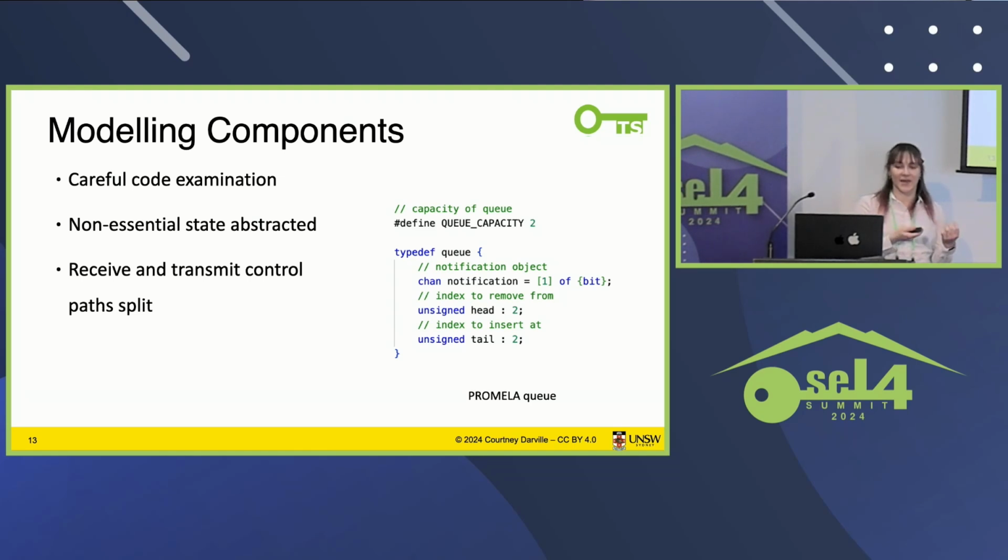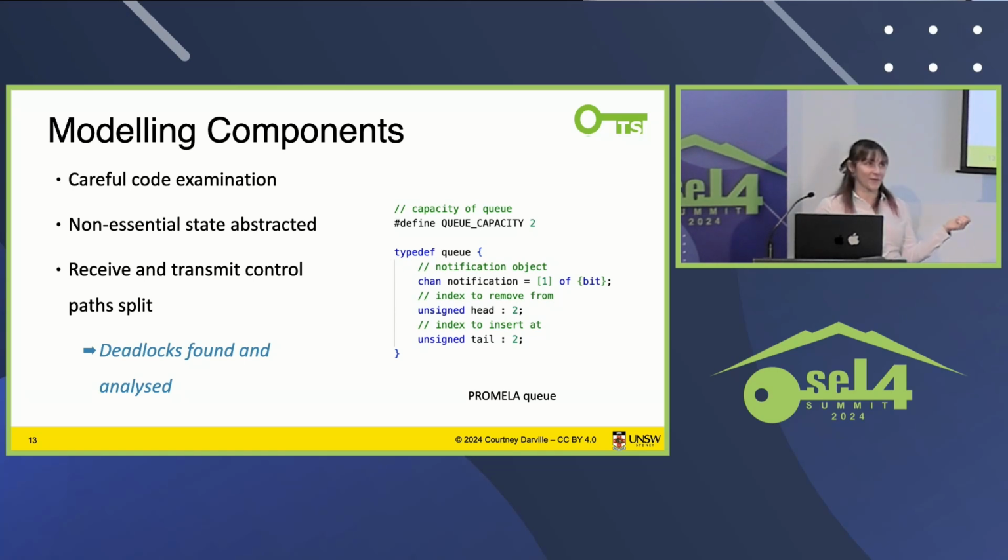And our first optimization here was to split the receive and transmit paths into separate models, as the components in each path did not rely on each other in order to make signaling decisions. So with this, we were able to find the deadlocks that we already knew existed, but we were also able to find the exact traces of execution that caused them.